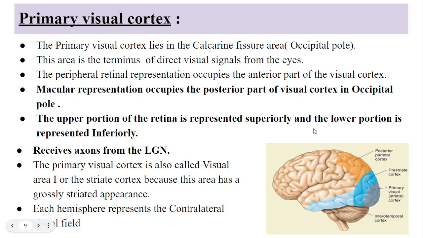The upper portion of the retina is represented in the superior part of the visual cortex, while the lower portion is represented in the inferior part.